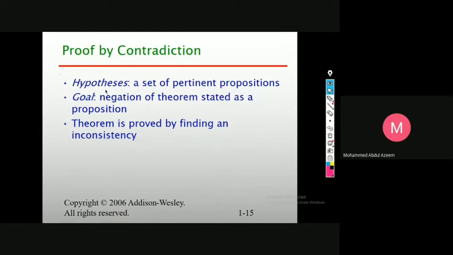The contradiction when happens, right? So these contradictions also you can probably prove, right? How can you prove? By taking the hypothesis first. Hypothesis is a set of pertinent propositions that you think of, like for example, I'll give you an example of operating system.